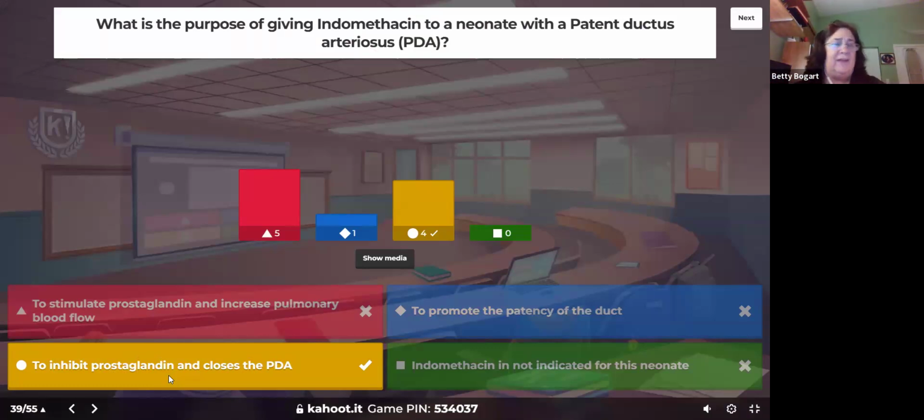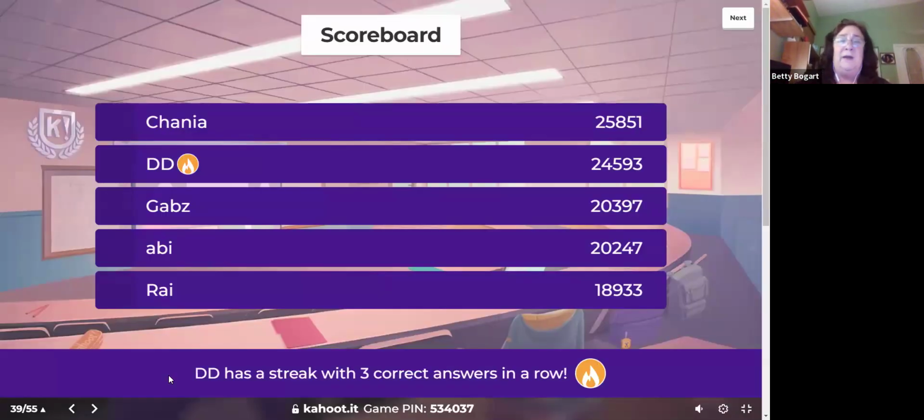Once that's cut off and it's still open, we give indomethacin. And wherever that prostaglandin is coming from, it says, yeah, no more. And then the PDA does close. You see this a lot with premature infants, where all of it's open, open, open. Whatever we do, it doesn't close. And then we start the indomethacin and we can close it. And then, of course, sometimes we have to do surgical repair.